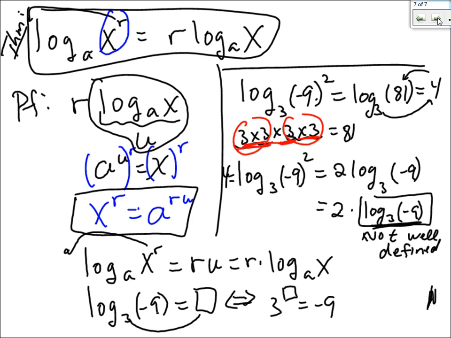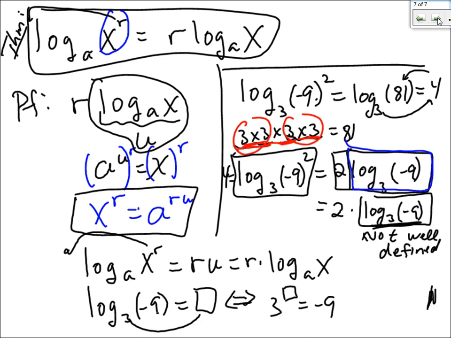The left side is well defined, it's 4, but what's in the blue box now is not well defined. So I don't know what 2 times I don't know equals. It certainly doesn't equal 4. So you can only bring the r down if the base is positive. If the base is negative, you can't bring the power down.